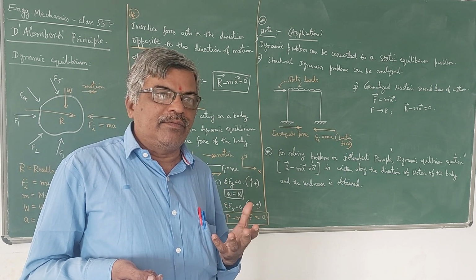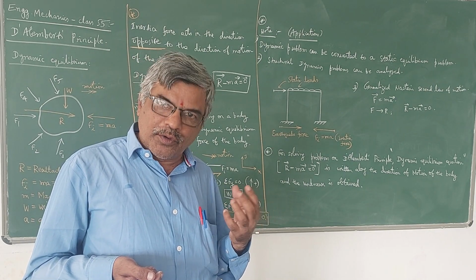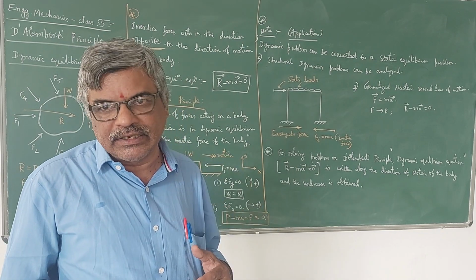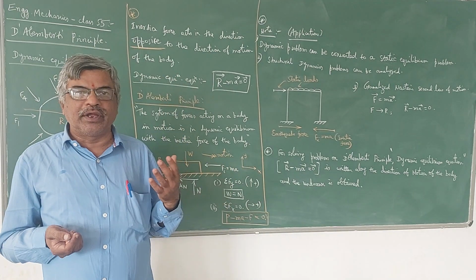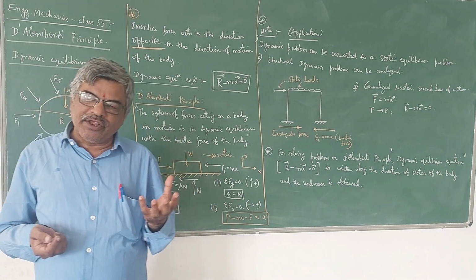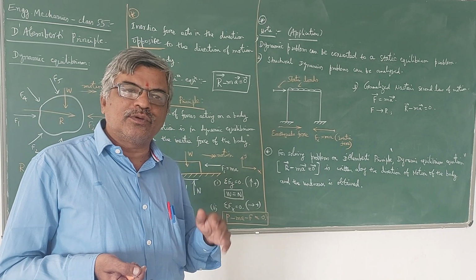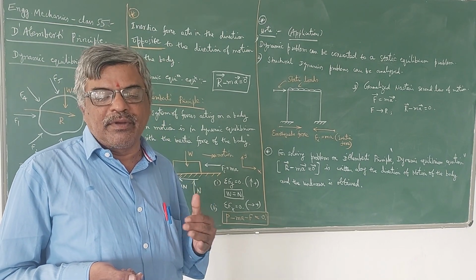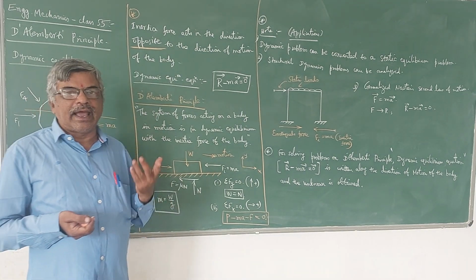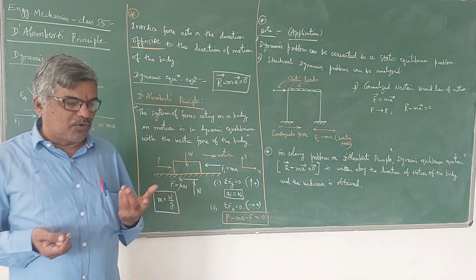If you multiply the mass of the body by the acceleration, whatever force you get is known as the inertia force, which tries to keep the body in position, whether at rest or in uniform motion, unless it is disturbed by another external agent or force.